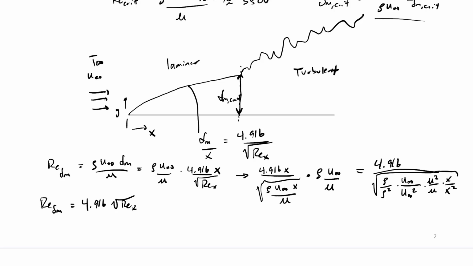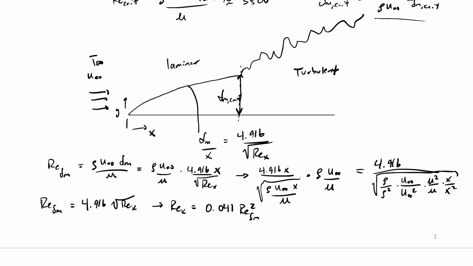Hopefully you can see that. So we have 1 over the square root of 1 over Reynolds x in the denominator, that goes in the numerator. Then let's solve that last equation in terms of Reynolds x, and we see Reynolds x is equal to 0.041 times Reynolds delta M squared.